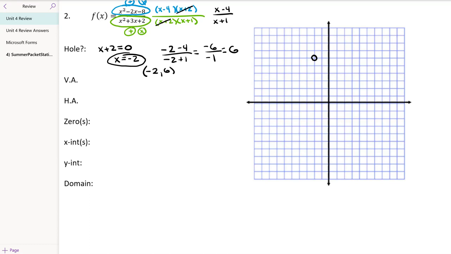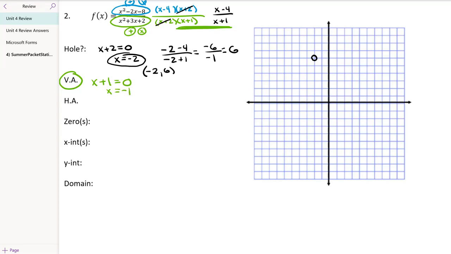All right. So VA now, remember, is when the function is undefined. So for a fraction to be undefined, we need the denominator equal to 0. So just set what's left equal to 0. Boom, boom. All right, so x equals -1.